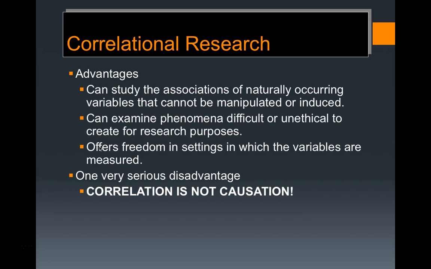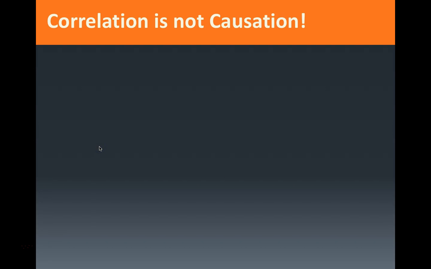Just because we know variables are related from a correlational study, we can't make conclusions about which variable is the cause, which variable is the effect, whether either one is the cause, or anything about causation. All we know is the variables are related, not where the source of the relationship comes from. So, correlation is not causation.